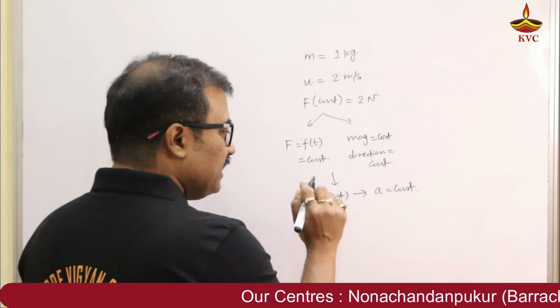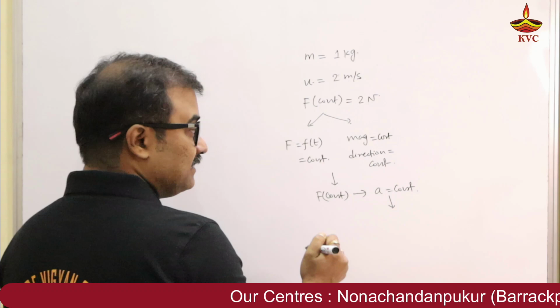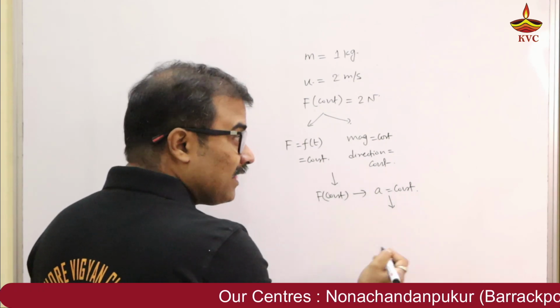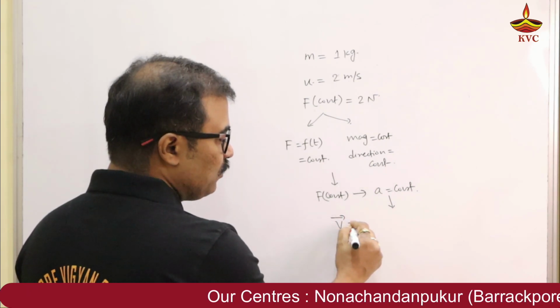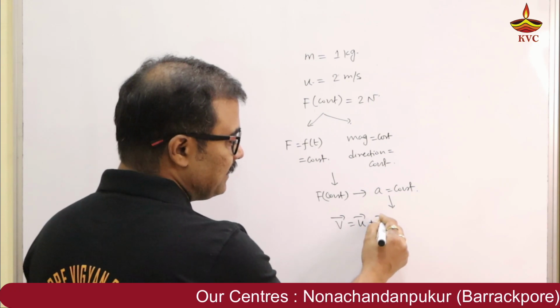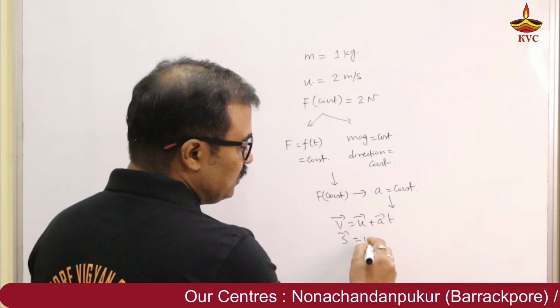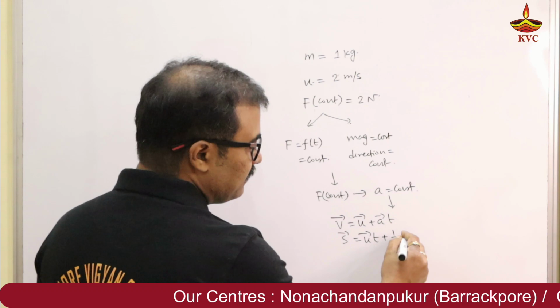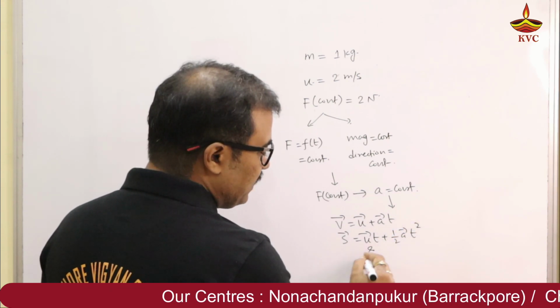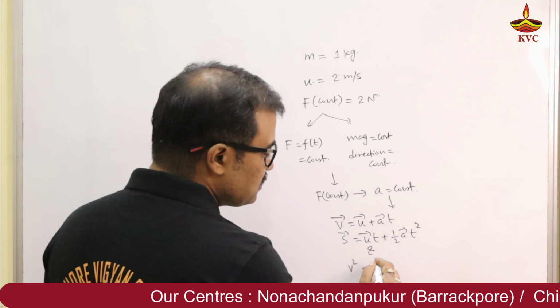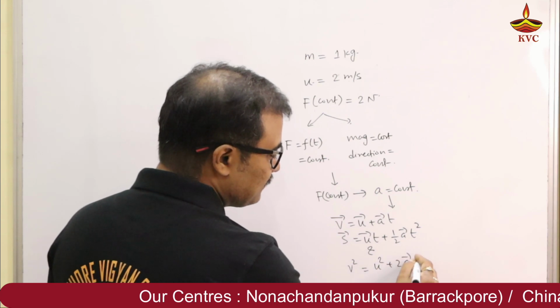So if a is constant, then we can use all the kinematics equations like v equals u plus at, s equals ut plus half at square, and v square equals u square plus twice as.